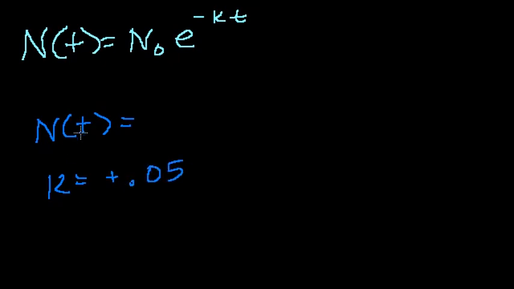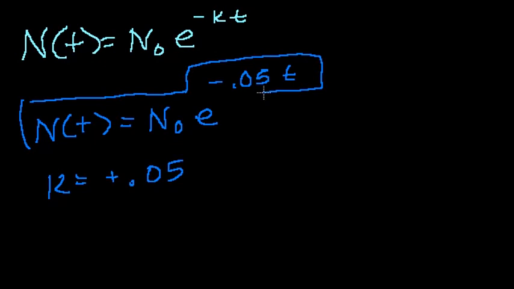So its exponential decay formula would be the amount that you start off with times e to the minus 0.05 t. My question to you is, given this, what is the half-life of the compound that we're talking about?